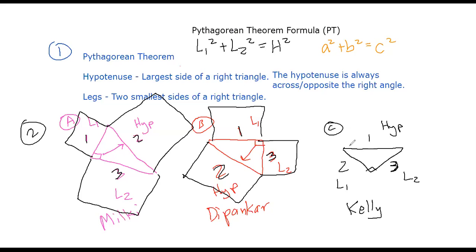So a squared is one of the legs, b squared is the other leg, and that equals c squared, the hypotenuse. Are there any questions about these two formulas? They mean exactly the same thing. If you have a question, please unmute yourself.